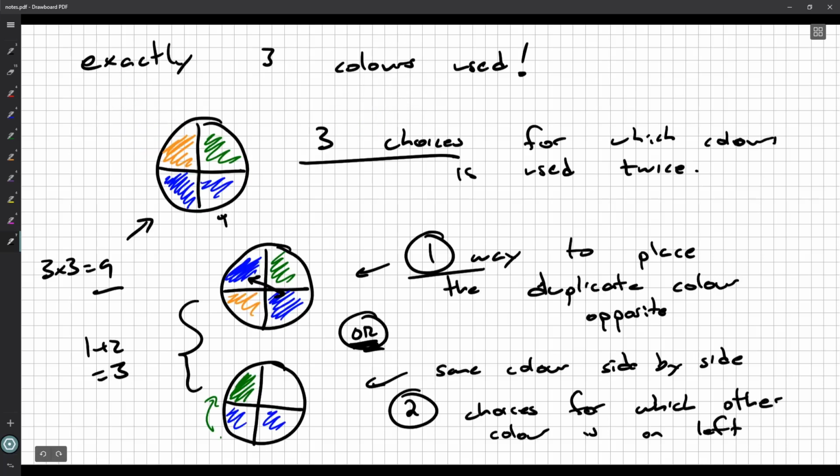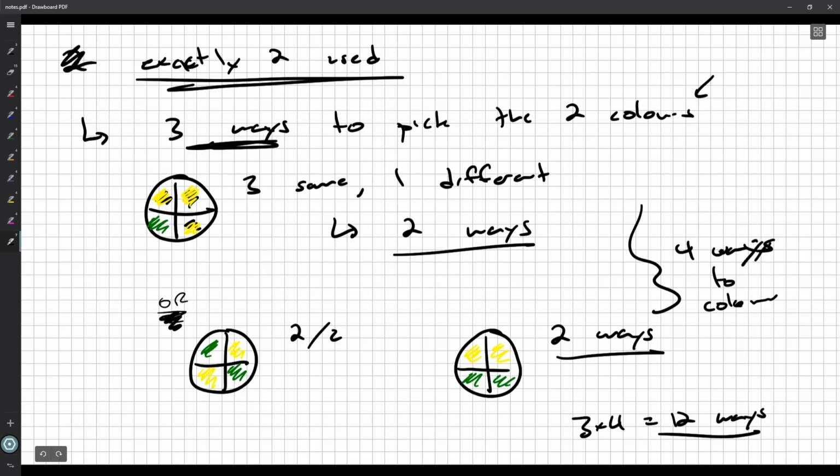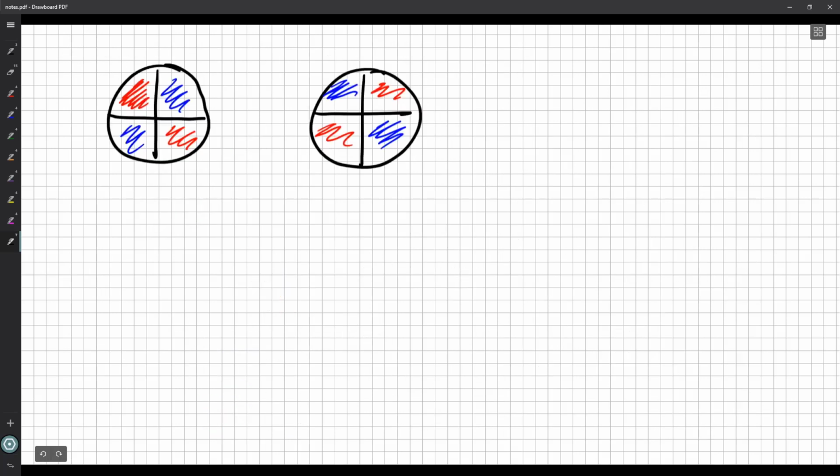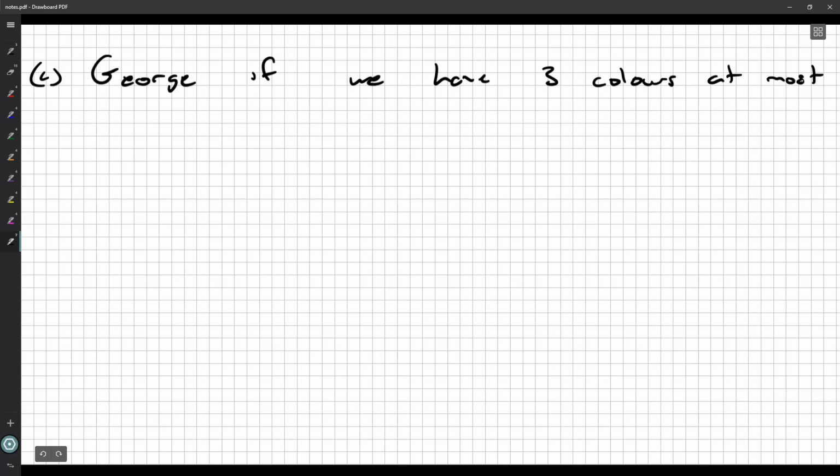And fortunately, we've already done a bunch of this sort of thought experiment. Okay. So we already know from George, by part C, if we have 3 colors at most, because George could use 1, or he could use 2, or he could use 3, then there were 24 ways to color.